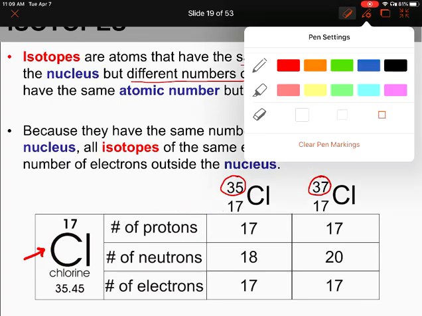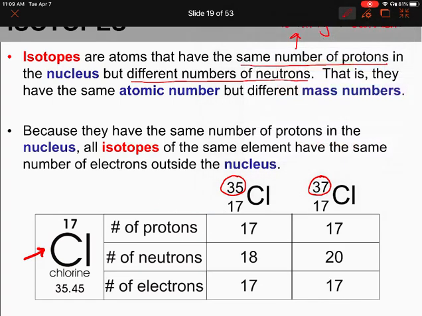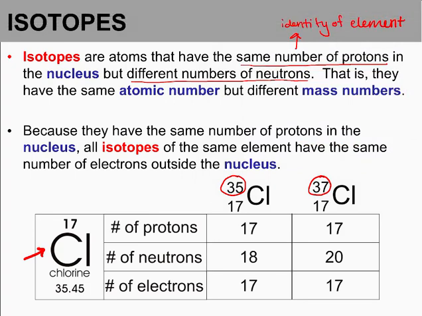So if we take the difference between 35 and 17, we end up with a value of 18. And that would be the number of neutrons for that particular isotope of chlorine. And then if we do the same on the right-hand side here, we would get a value of 20. And so that's the number of neutrons for that particular isotope of chlorine.